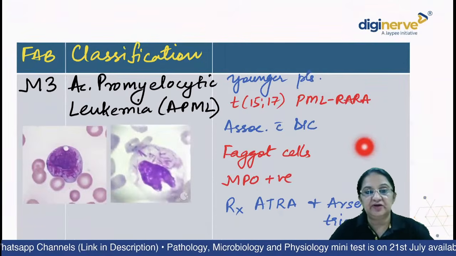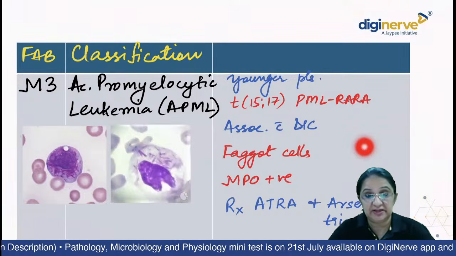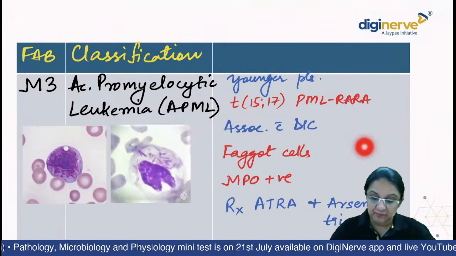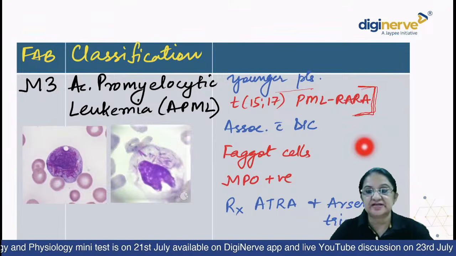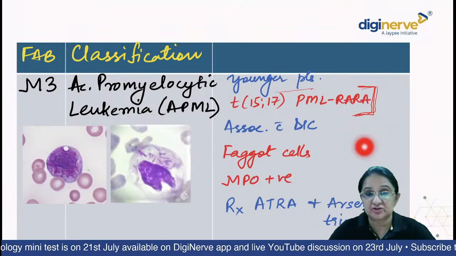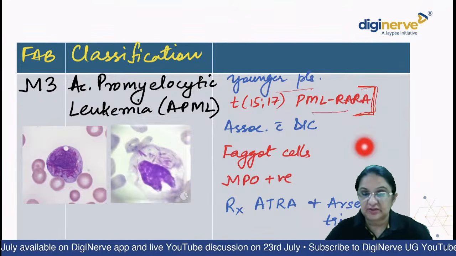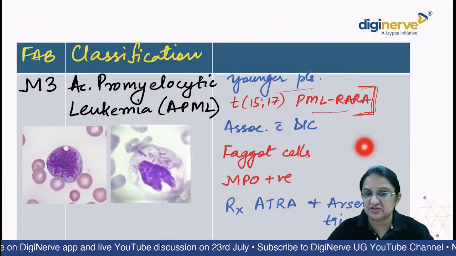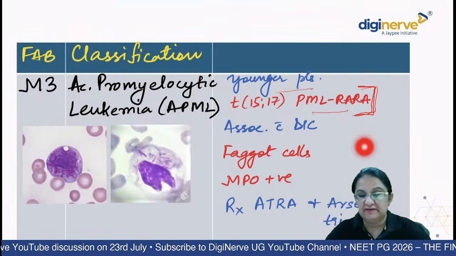And coming to very important from your exam point of view, M3, acute promyelocytic leukemia or APML, seen in younger patients, the characteristic translocation, your examiner's favorite question, the translocation is 15;17 or PML-RARA. This is the leukemia. All questions, everything that I have written in this APML, everything is a question.